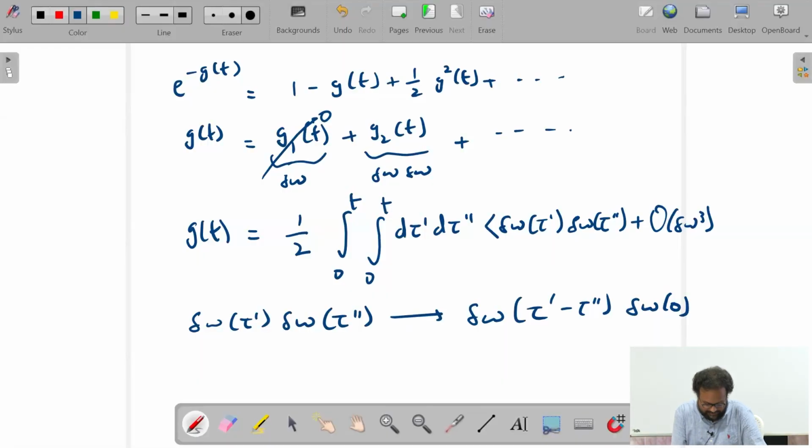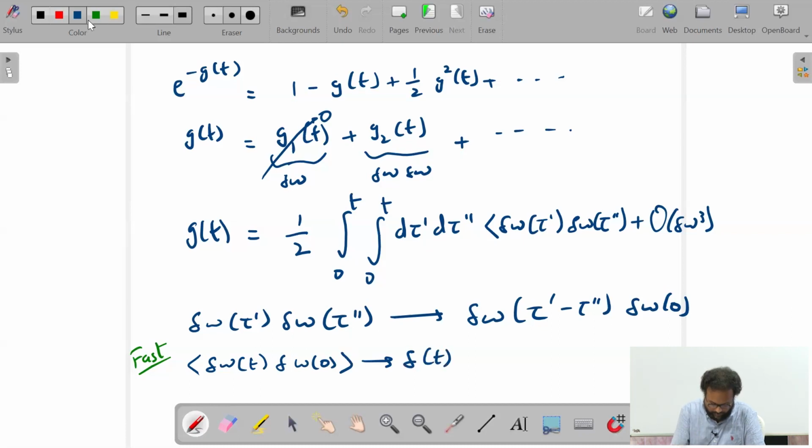As I said, when I have very fast or rapid fluctuations, I'll get my correlation replaced with a delta function in time.